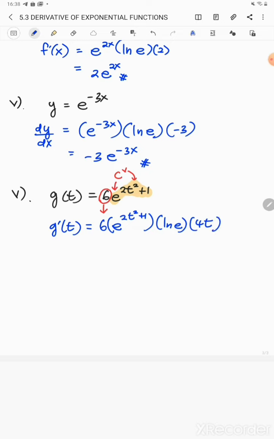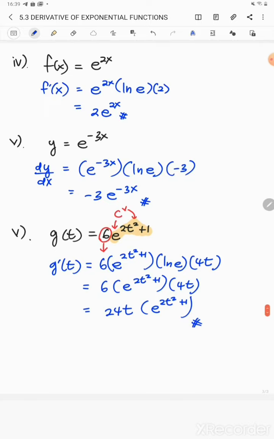Simplify this, the value is 6 e power of 2t square plus 1, and then here we have 4t. If you want to simplify this, you can multiply 6 with 4, so we get 24t e power of 2t square plus 1. That's all. This is the answer for number 6.